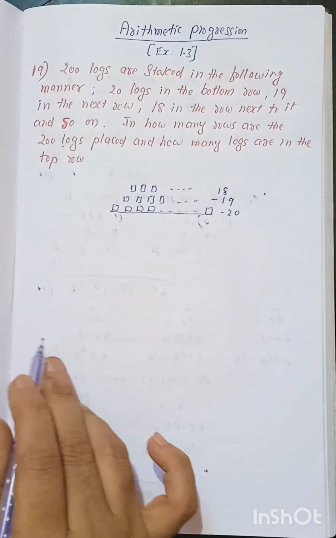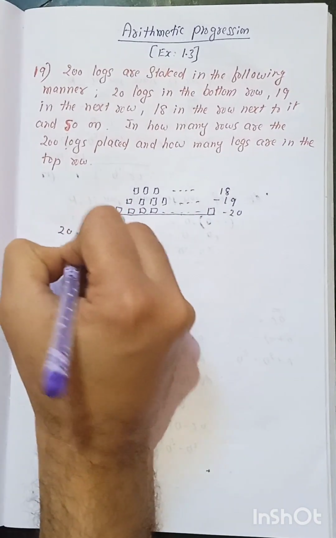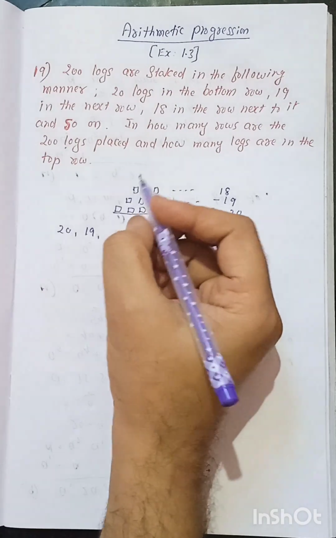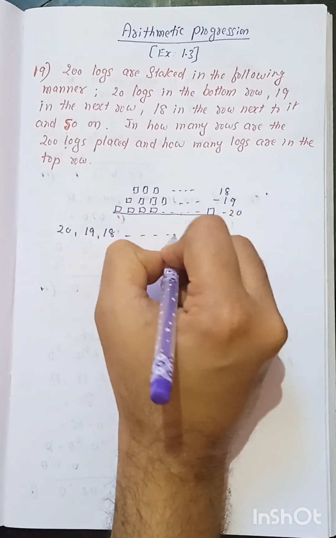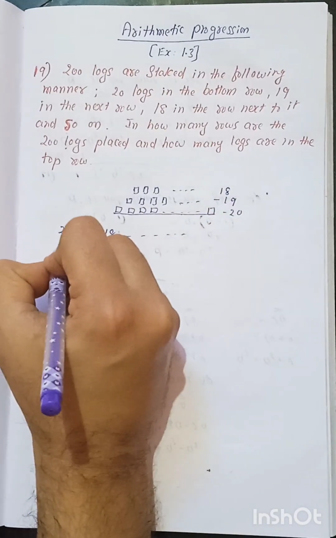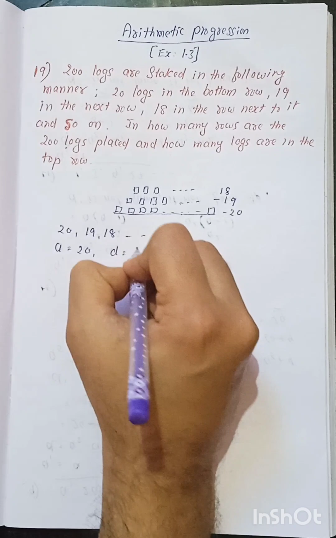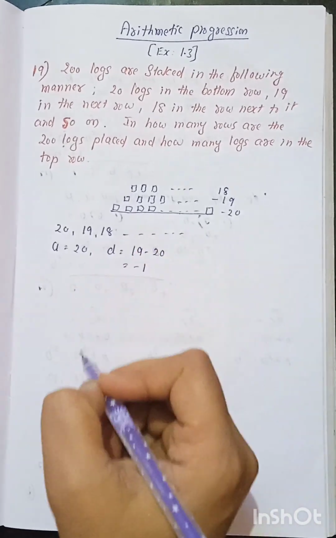Let's start the answer. The bottom one is 20, then 19, then 18, and it goes on like this, 17, 16. a equals 20, d equals 19 minus 20, that is minus 1.